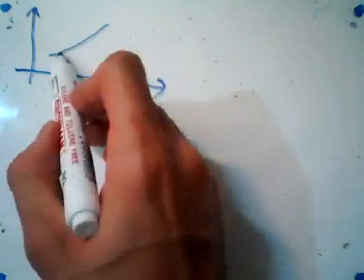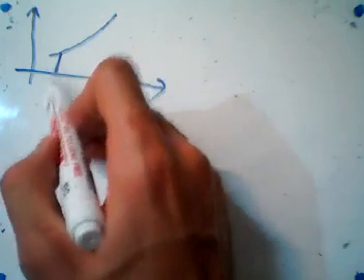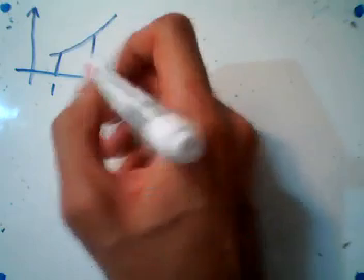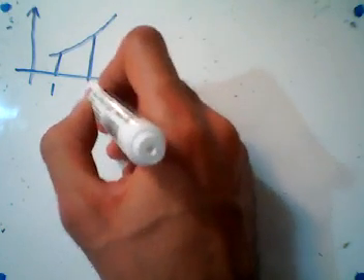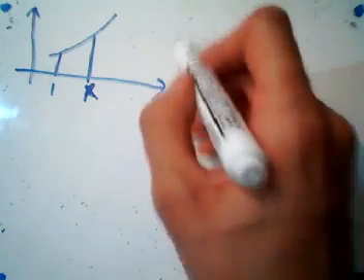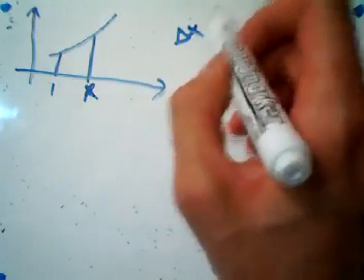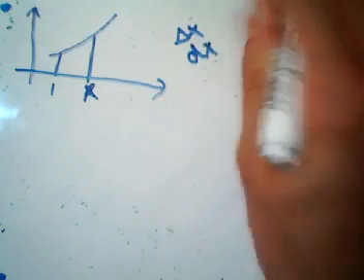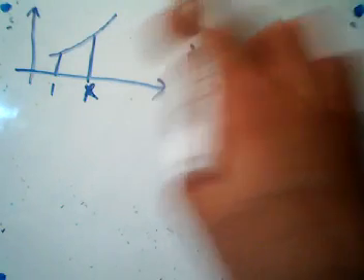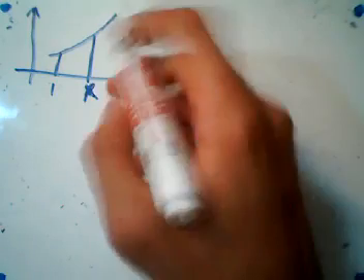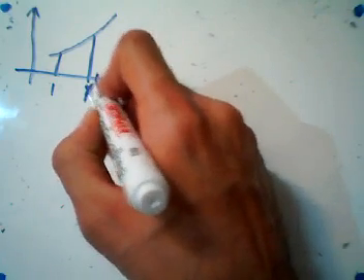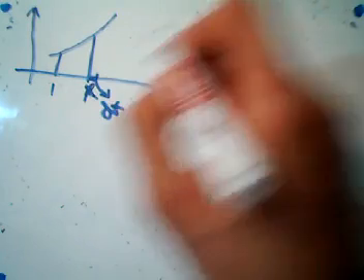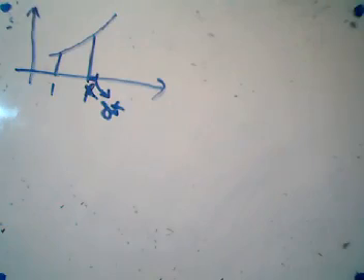This is our function, say. This is 1. This is x. And instead of delta x, here we use the infinitesimal version of it, which we call dx, which means this length is infinitely small.